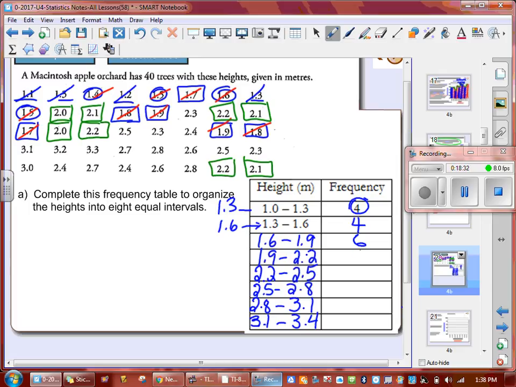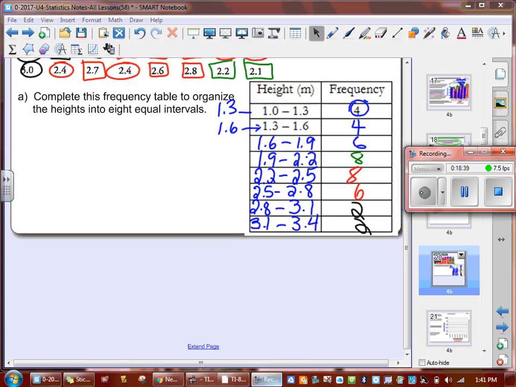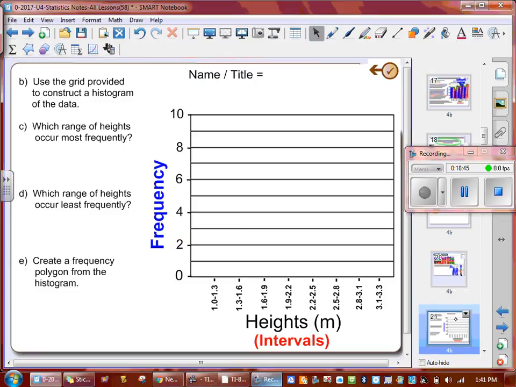There's no more. Okay, so that'll be an 8 for that range. Please carry on. Okay, here we see our table is completely filled out. Now we're going to take the information from here and plot it on our frequency chart. I'd like you to make a histogram and a frequency polygon. Let's pause now, play when you're ready.